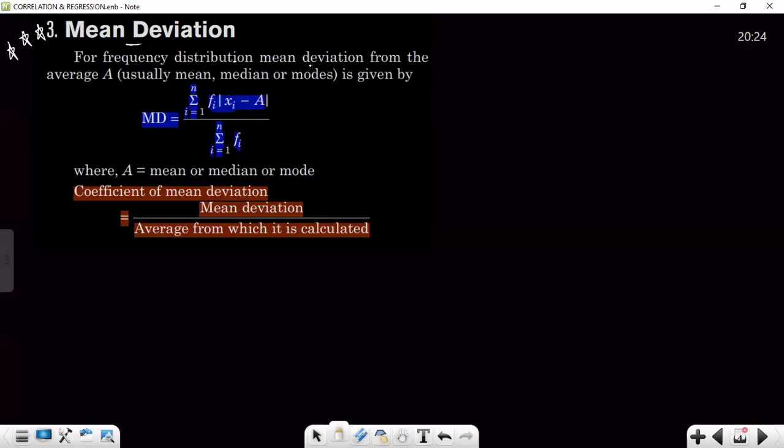For frequency distribution, mean deviation from the average, it can be mean, median, or mode, is given by sigma of Fi into modulus of Xi minus A, divided by sigma of F.